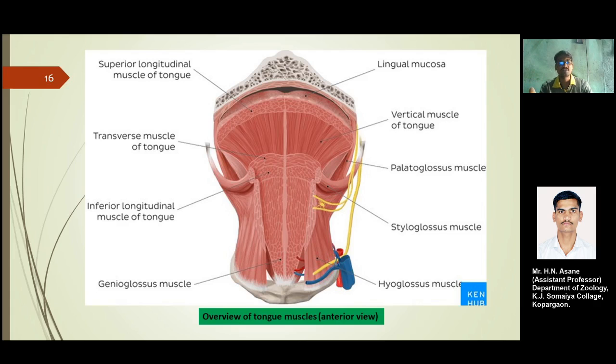As you can see the transverse muscles of the tongue, which we are going to see in detail by taking the transverse section. You can see the palatoglossus muscles, the inferior longitudinal muscles of the tongue, and the styloglossus muscles, with the genioglossus muscles and the hyoglossus muscles. Okay, so let's see one by one.